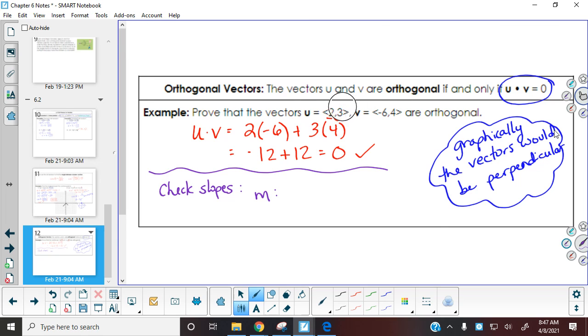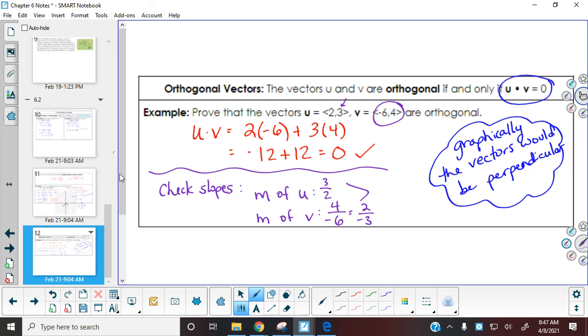So the slope of vector u is 3 over 2, and the slope of v, rise over run, simplifies to 2 over -3. These are opposite reciprocals. And if you think all the way back to algebra, if you have slopes that are opposite reciprocals, those lines, or in this case our vectors, are indeed perpendicular.